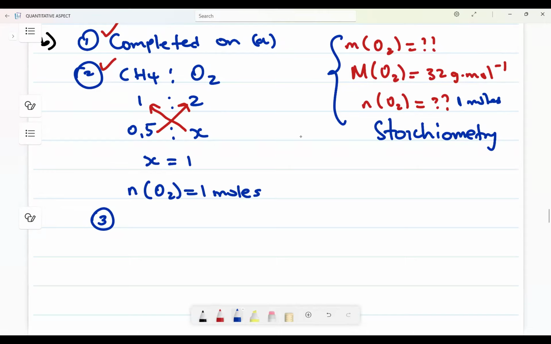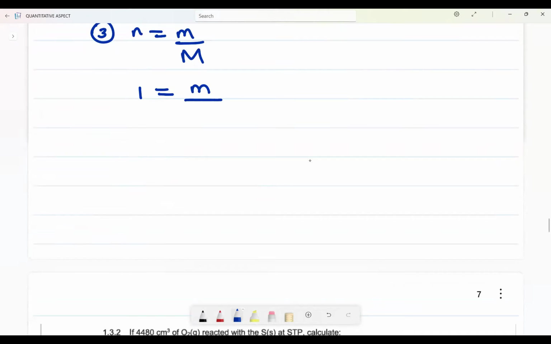So how can I calculate the unknown? Number of moles is equal to mass divided by molar mass. The number of moles is 1, the mass is what I'm looking for, and the molar mass is 32. When I do my mathematics, the mass of O2 gives me 32 grams.